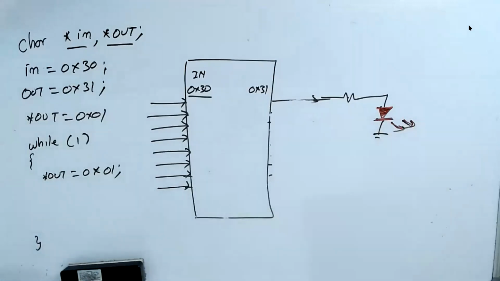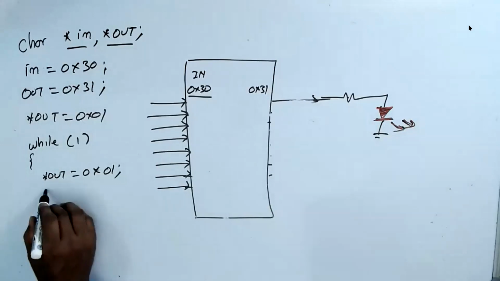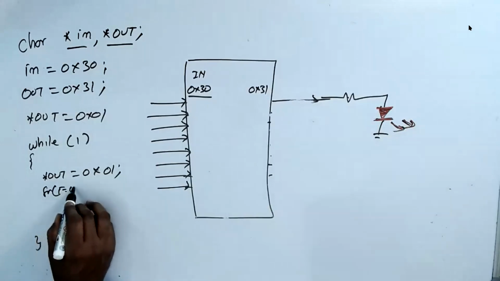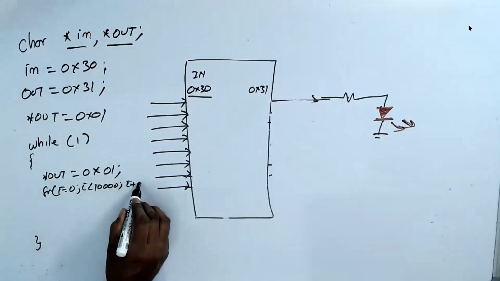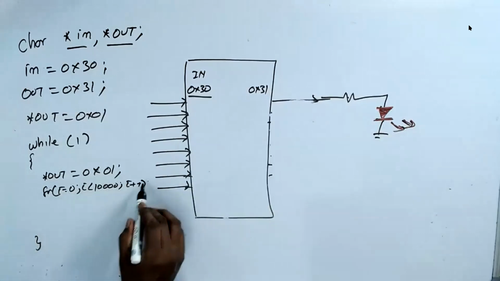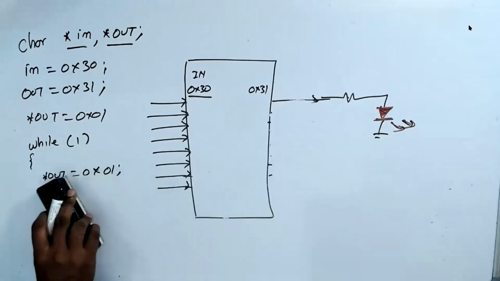Now there's one LED. So what I do here is I write a small delay: for i is equal to 0, i less than some 10,000, whatever it is, i plus plus. Or I have a function called delay.